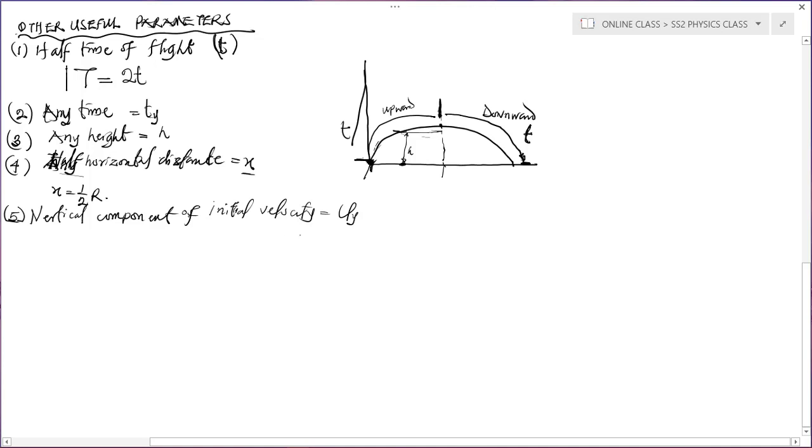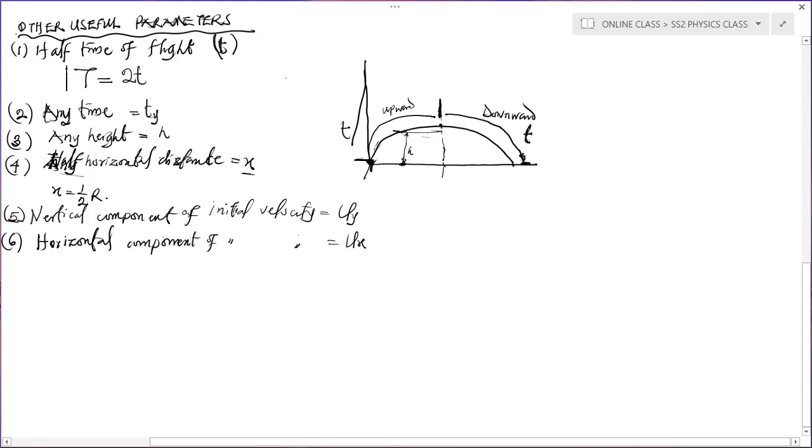The next one, the sixth one, number 6, is the horizontal component of initial velocity. That is ux.